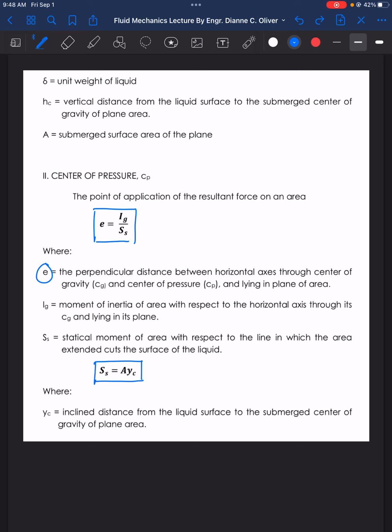If we are dealing with a vertically submerged body, we will use HC. But when we are dealing with an inclined submerged body, we will use YC. So that's the primary difference in using this formula.